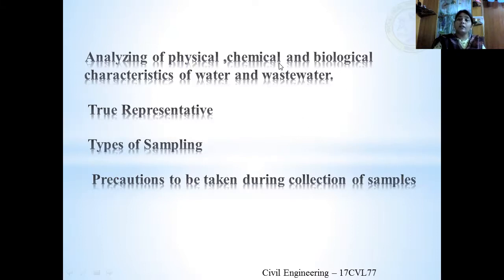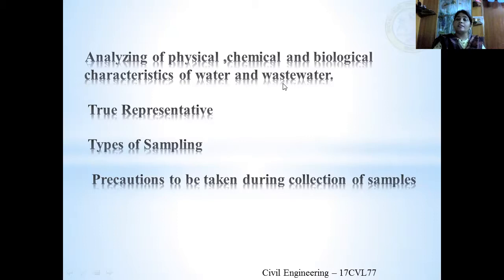In case we do that, if it joins any natural river or water body, it is going to pollute that entire source of water. Hence, treatment of water before supplying and treatment of wastewater before its discharge play a very important role. Now, this treatment again depends on the physical properties, chemical properties, and the biological properties of that water sample.